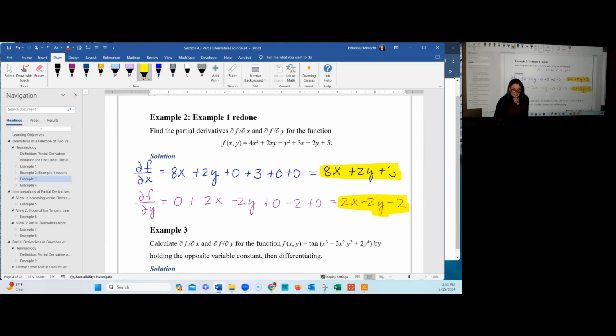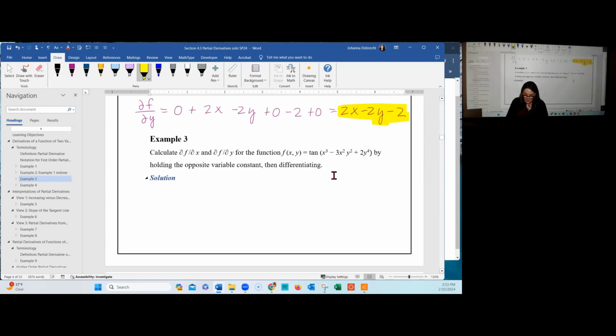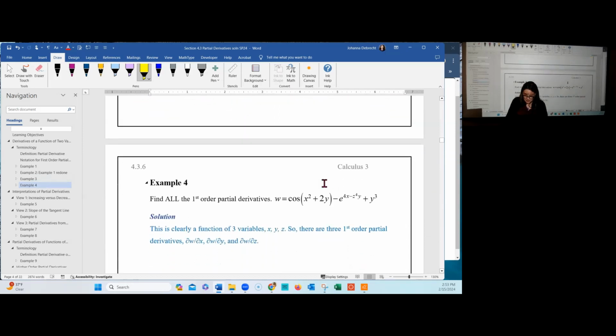Let's practice this again. We want to take a look at example 3, where we're going to take the partial with the faster method, not the slower one, and then we'll do it again in example 4. Now in example 4, notice that this is W written as an equation that depends on x, y, and z.